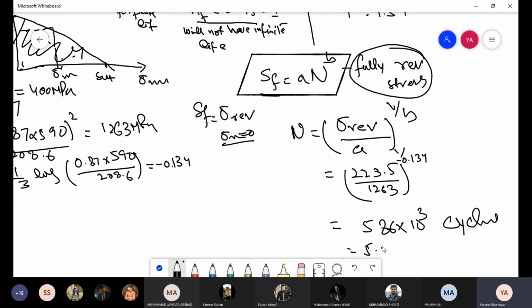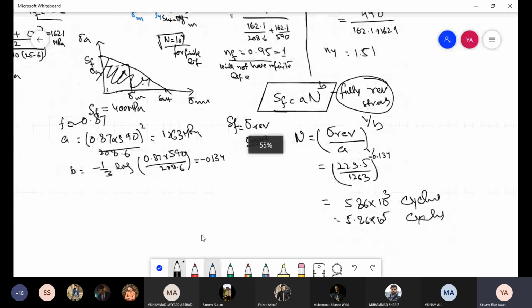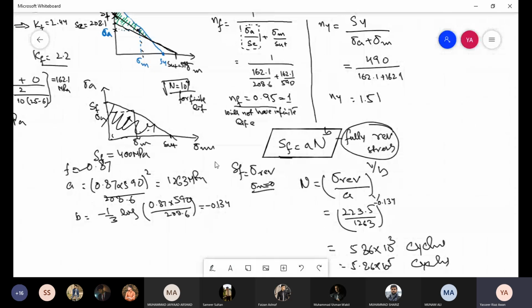Or we can write it as 5.86 into 10 to the power 5 cycles.